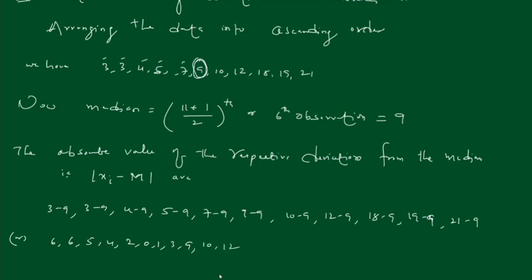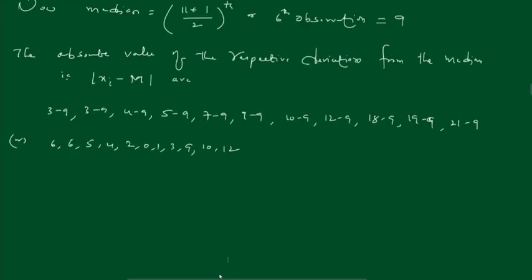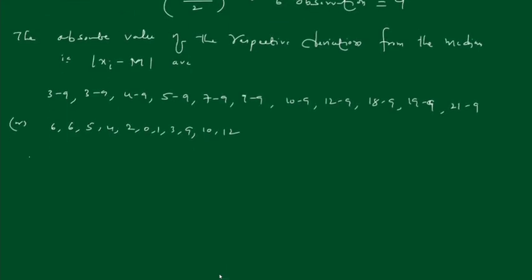Therefore summation i equals 1 to 11 mod xi minus M, where capital M is the median. The sum of all these terms is equal to 58.